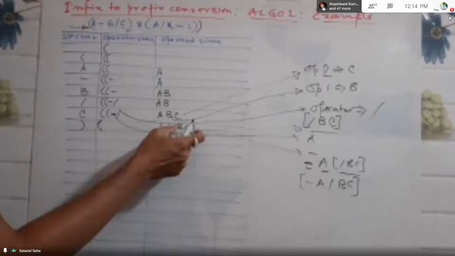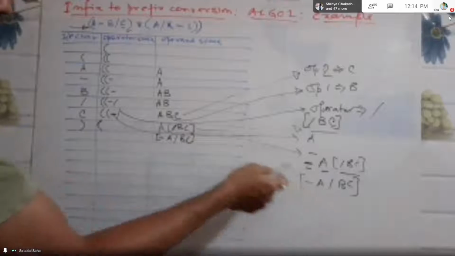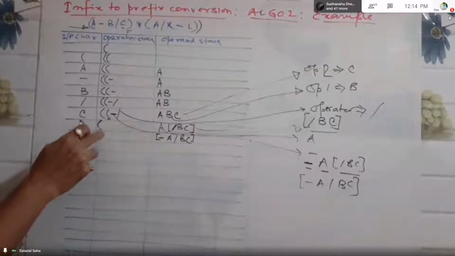After you face this closing brace, you need to pop one operator after the other, and for each operator, you need to pop two operands from the operand stack. You concatenate, push it into the operand stack, pop next operator, pop two operands. Again, you concatenate, push it into operand stack. Like this, you have to follow till you face one opening brace. So once you face opening brace, this process or this step is over.